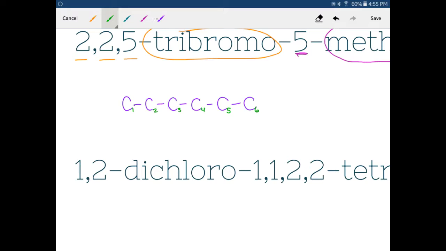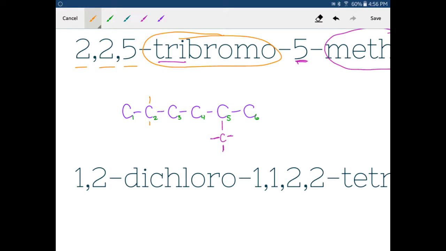Off my 5-carbon, I have my methyl group. I'm going to try and keep the colors consistent so we know what we're doing here. I'm just choosing to go down on this one instead of going up. So we have the methyl group coming off our 5, and then we have 2,2,5-tri, meaning 3 bromos. I have one on this carbon and another on this carbon, so there are 2 on the second carbon, coming off both sides, up and down.